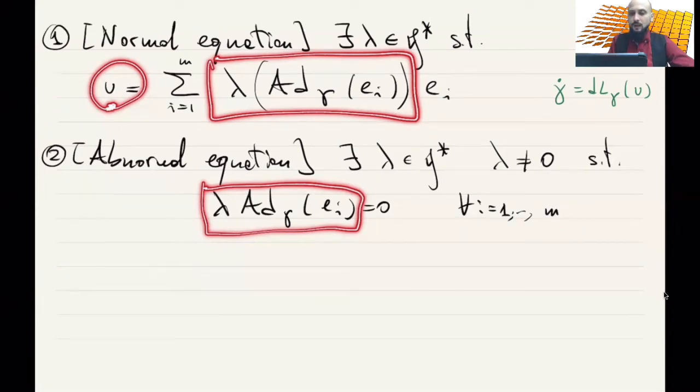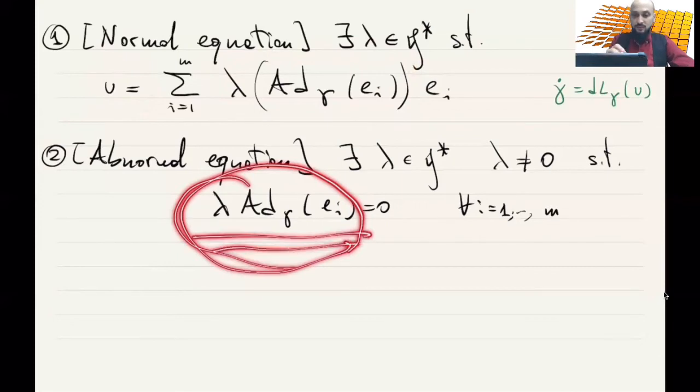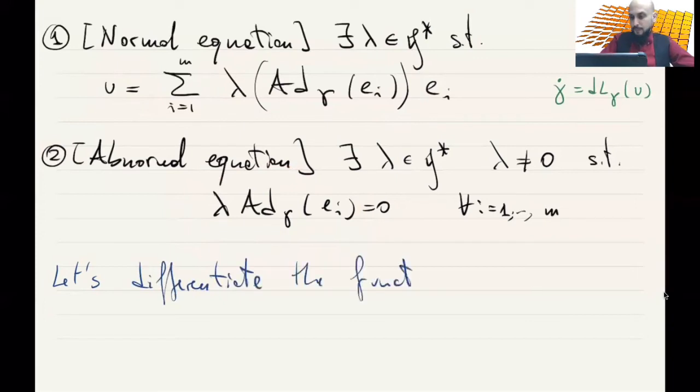All right. So now, seeing that there is still the same function here, let's see what happens if we differentiate this function. So let's differentiate the function t goes to lambda.